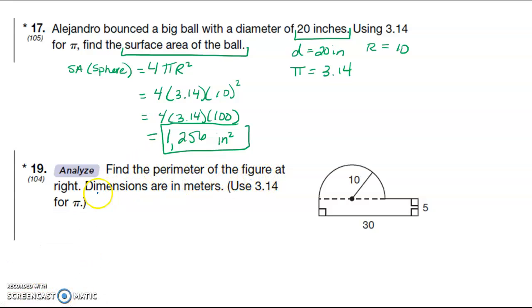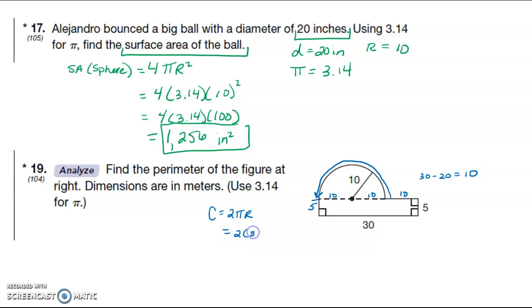Find the perimeter of the figure at the right. Use 3.14 for pi. Okay, so the perimeter, so I know if this is 5, then I know this part is 5. I know this is 10 and this is 10. That's inside though. So if that's 30, 10 plus 10 is 20. 30 minus 20 is 10, so this is 10. Now I need to find out what this is so that I can do the perimeter. So that would be circumference.